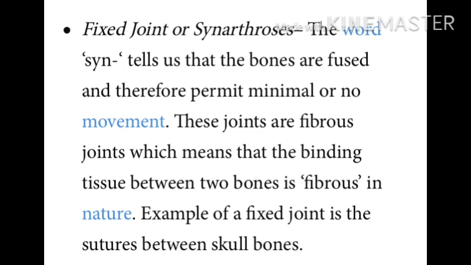The word tells us that the bones are fused and therefore permit minimal or no movement. These joints are fibrous joints, which means that the binding tissue between two bones is fibrous in nature. An example of a fixed joint is the sutures between the skull bones.